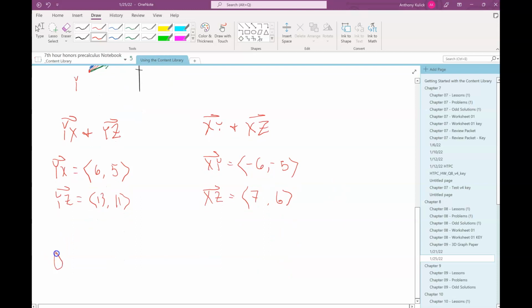Okay, so then I'm going to just use the angle between two vectors formula. Angle y is going to be cosine inverse of YX dot YZ divided by the magnitude of YX times the magnitude of YZ.